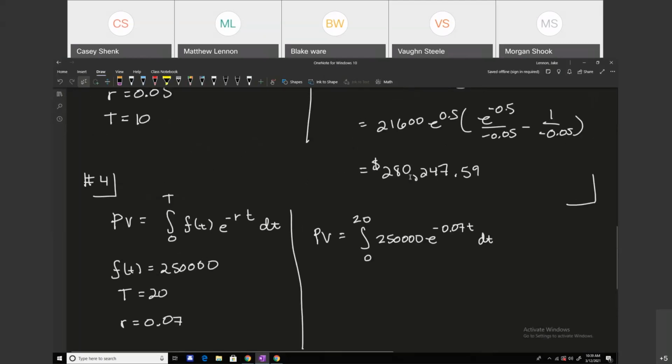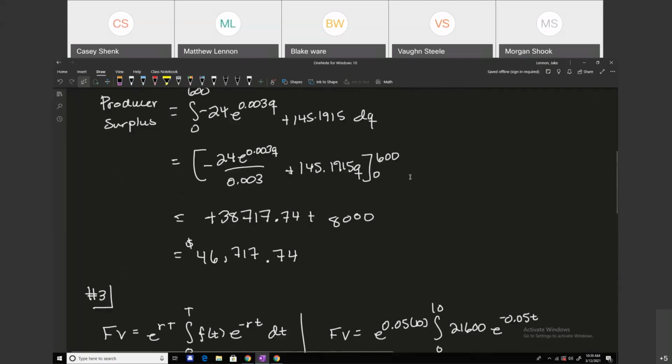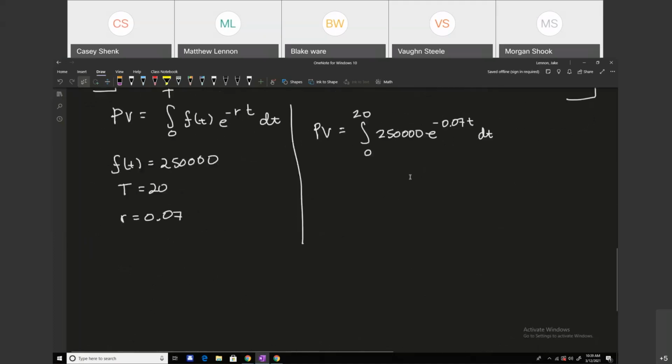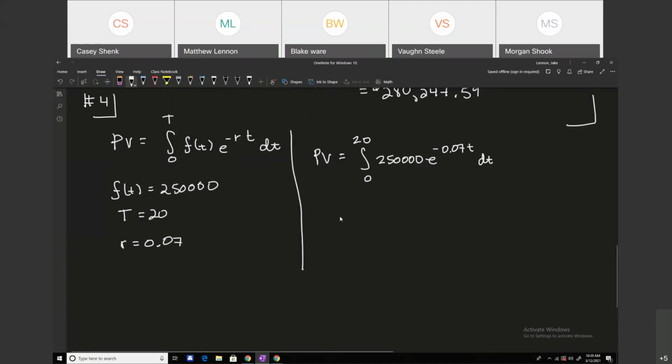Okay, then we integrate, so it's 250,000 e to the negative 0.07 t divided by negative 0.07, from 0 to 20. We want to plug this into the calculator.